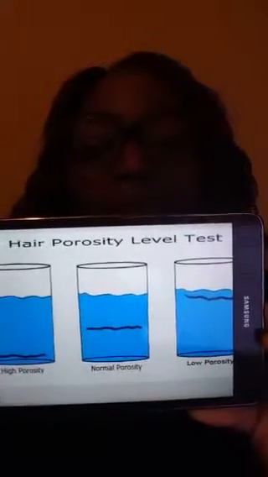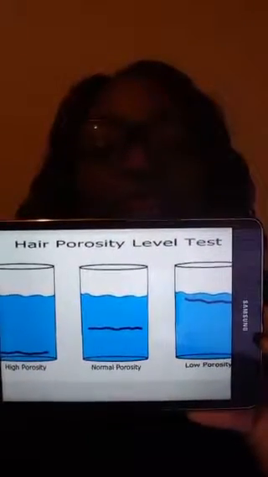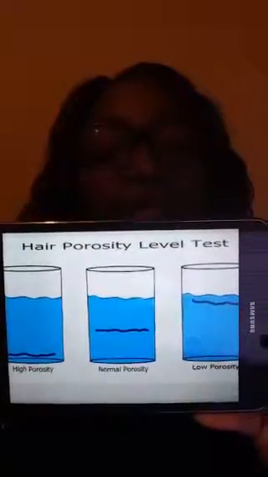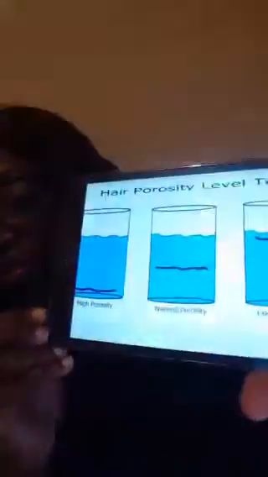If your hair is normal porosity, it's going to float in the middle. And if your hair is high porosity, it's going to go directly to the bottom. It's not even going to give it time to float. If the hair strand immediately sinks to the bottom, then your hair is high in porosity. And that's what you see right here.